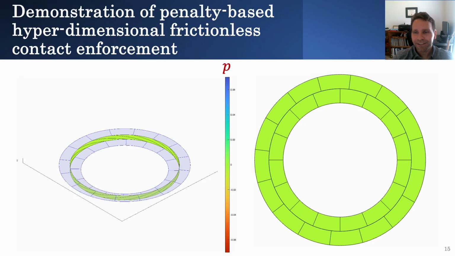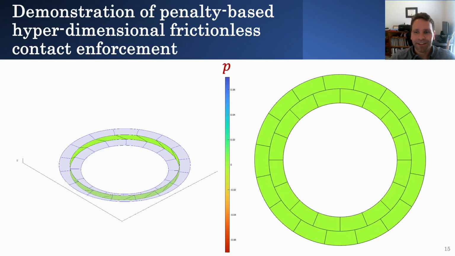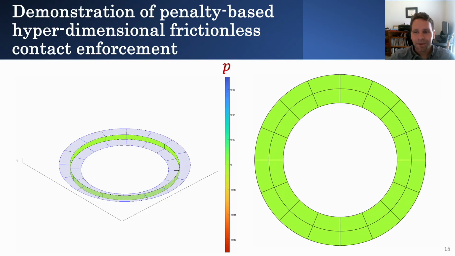So to illustrate that in a little bit more detail, consider the following example, where I have two cylinders embedded in one another, and they're allowed to slide past each other. Now, ideally, these surfaces are not pressurized, and there's no friction in between them, so they should perfectly slide past each other, and there shouldn't be any pressure that builds up in between them.